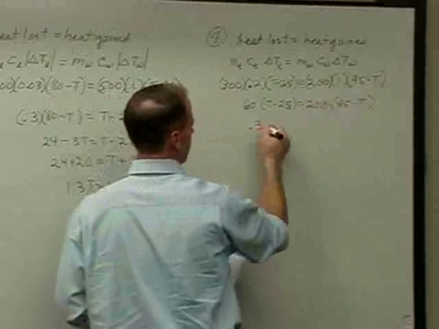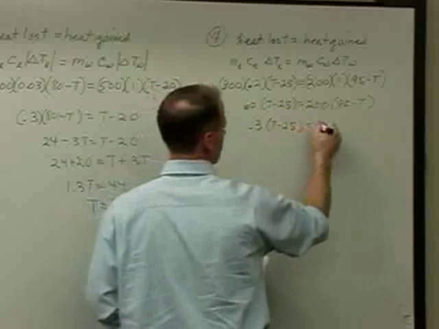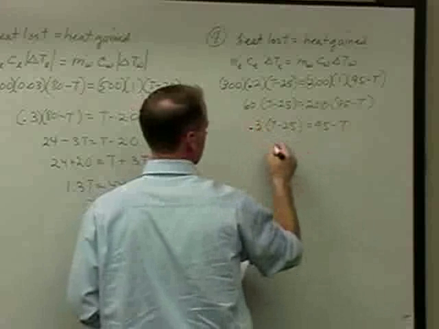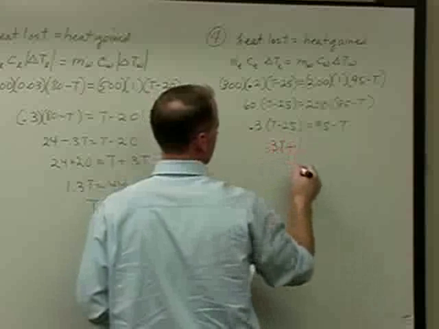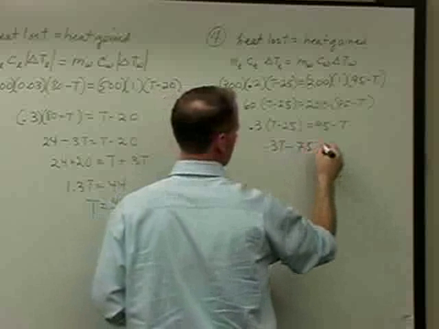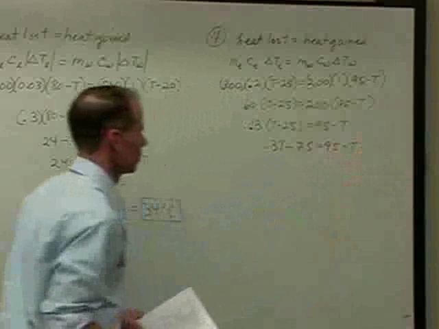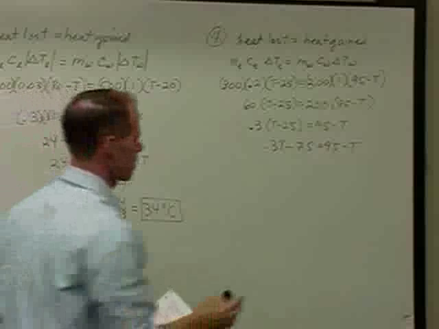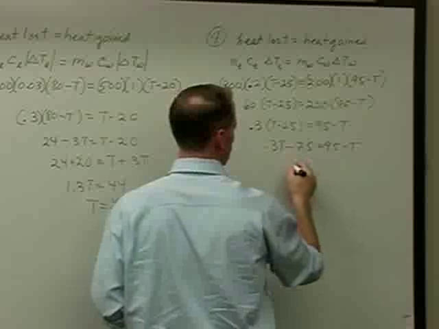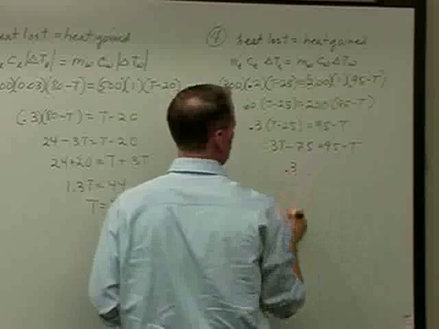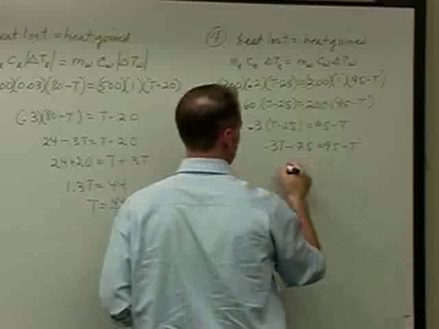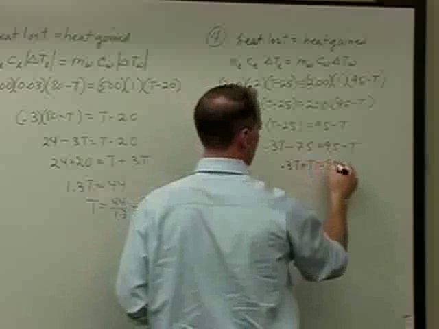So this would be 0.3 times (T minus 25) equals 95 minus T. And so it would be 0.3T minus 7.5 equals 95 minus T. So I have 0.3T plus T equals 95 plus 7.5.